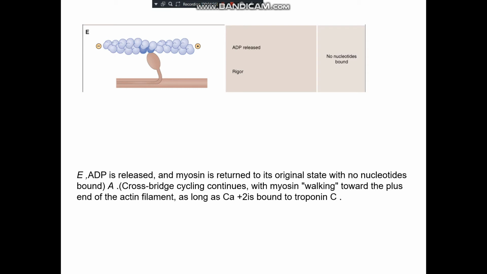How long? As long as the calcium is bound with the troponin C, because when the calcium is bound with the troponin C, the tropomyosin unmasks the active sites. But once the calcium fails to bind with troponin C, then tropomyosin will cover the active sites and the myosin heads no more can contact the active sites.